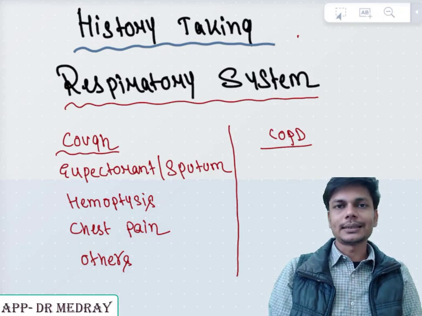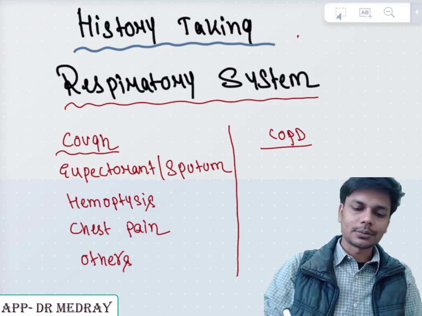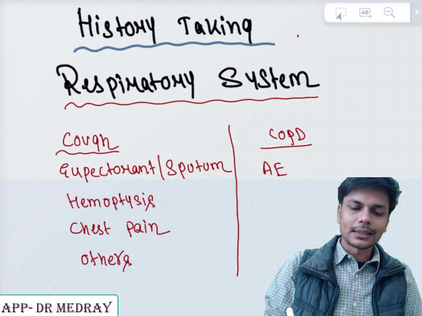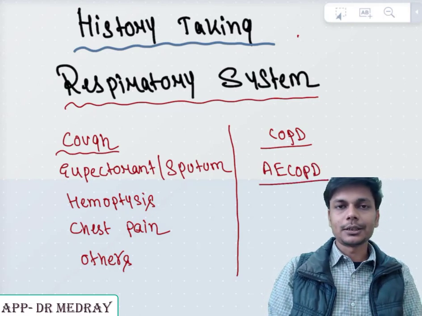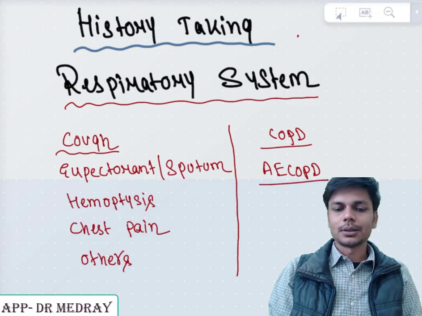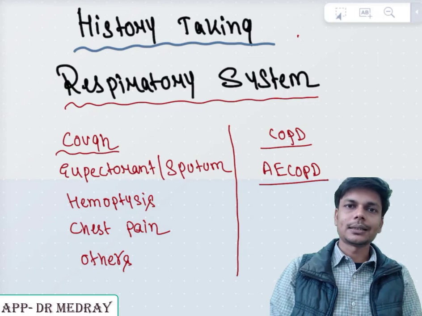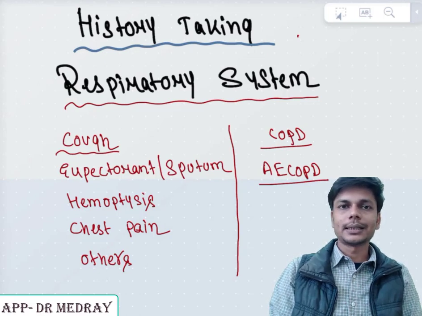But sometimes there is exacerbation of COPD, that is known as acute exacerbation of COPD or AECOPD. So how will we know that a patient of COPD is having acute exacerbation of COPD? There must be an increased production of sputum. Normally the COPD patient has production of sputum, but it is usually a particular or fixed amount per day.